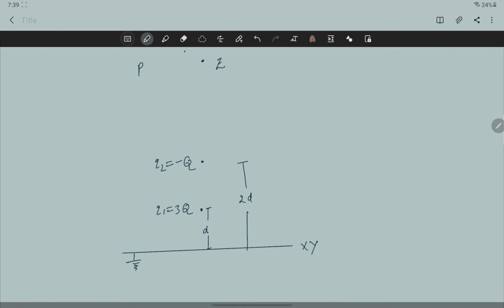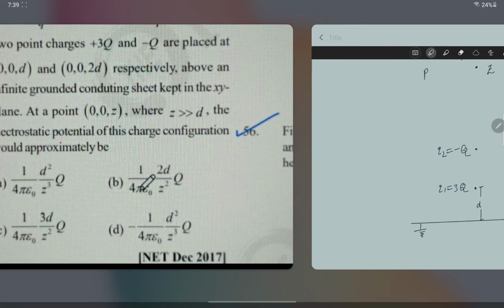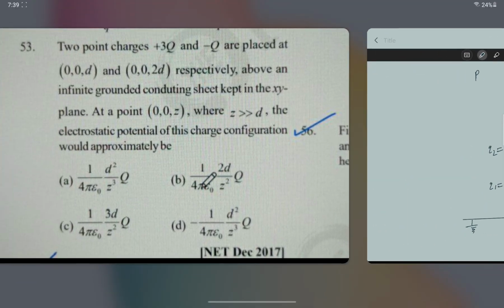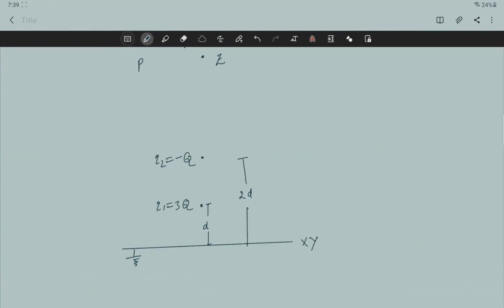Yeah, grounded conducting sheet. Okay, so this is a point P where we have to calculate the potential. Its location is (0, 0, z), and the potential at point P has to be calculated. Okay, so this is the situation.